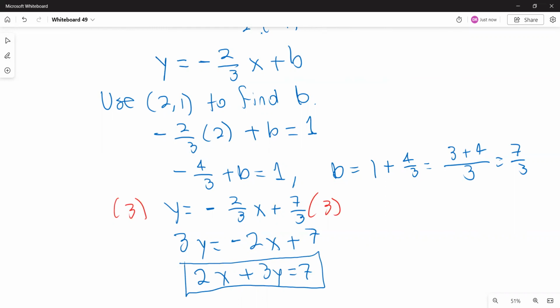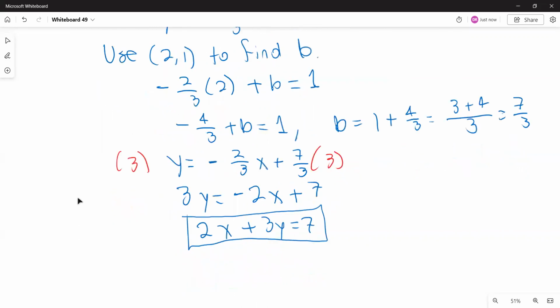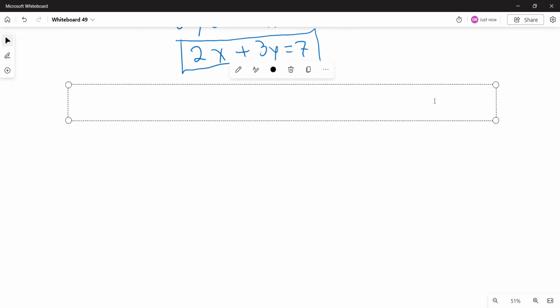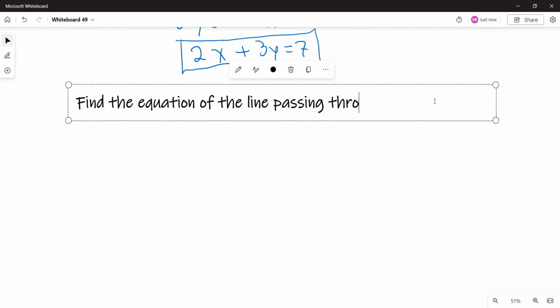Okay, and I'll do one more. I'm going to do another example like this. We are going to find the equation of the line passing through the points 1, -1, and 3, 5.